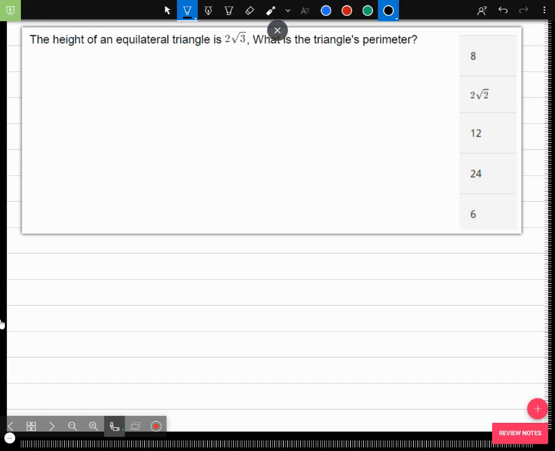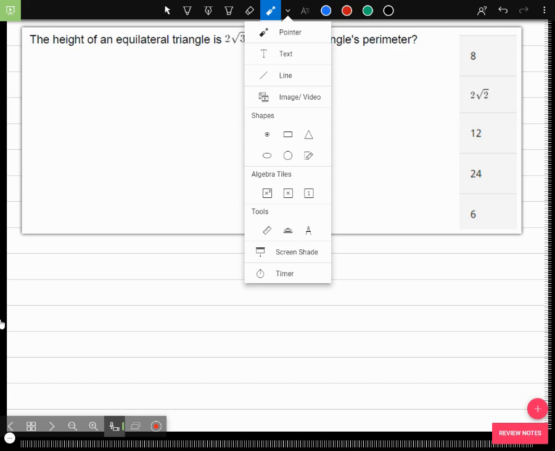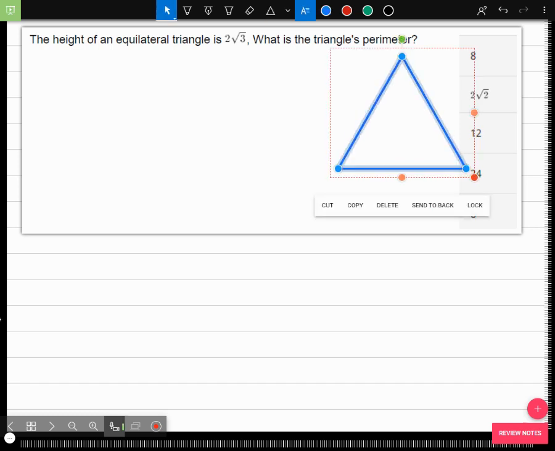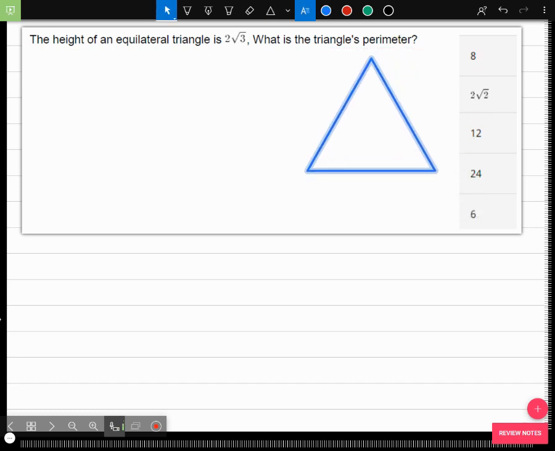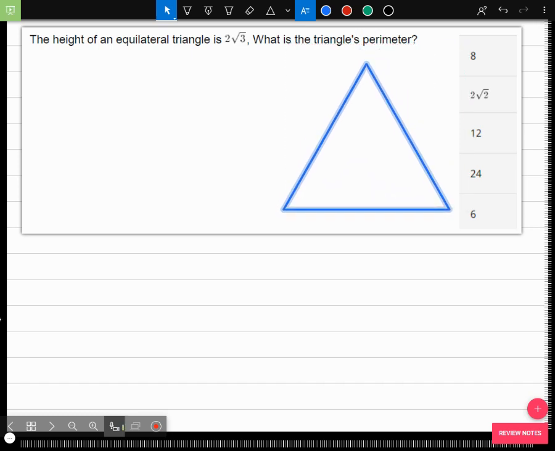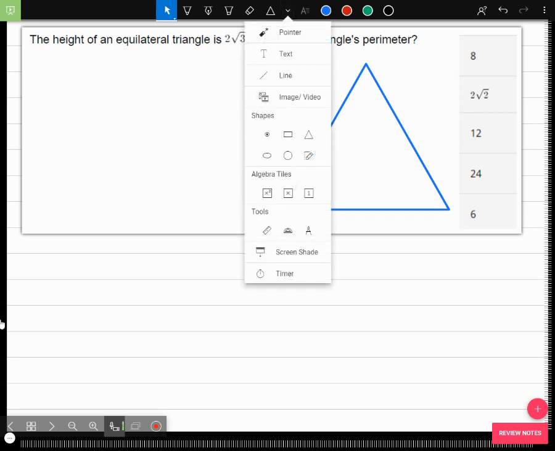So, there is an equilateral triangle. I hope you remember that an equilateral triangle means a triangle in which all three sides are equal. Therefore, let me draw an equilateral triangle. Well, so here is the equilateral triangle.